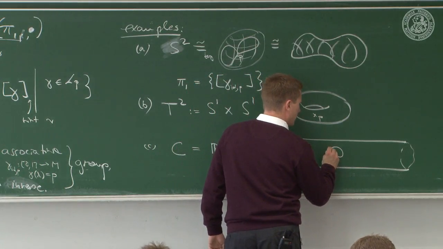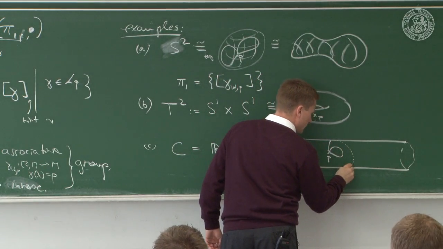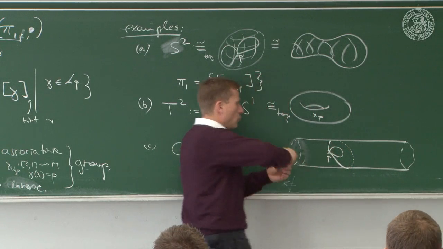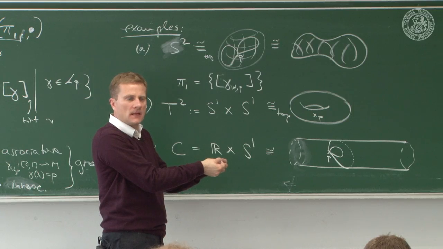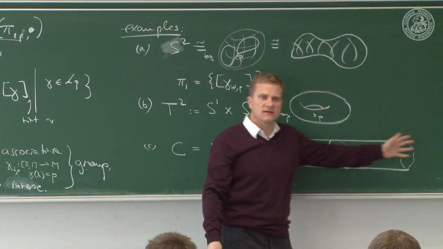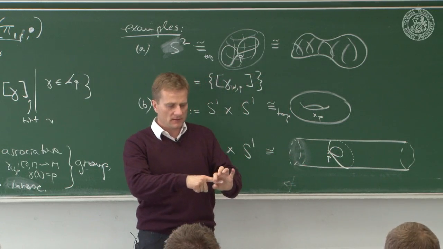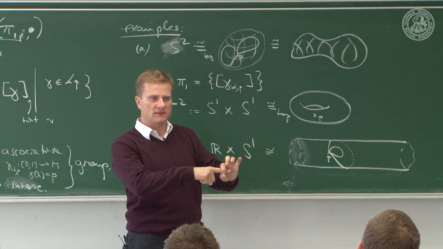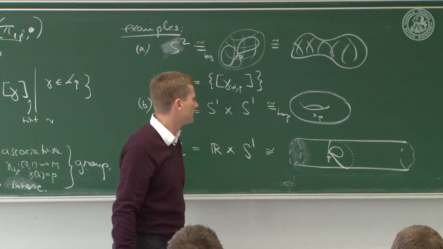Now, however, I can also go up here, and then on the back, I can wind around the cylinder. Now, this one, because the cylinder is infinitely long, intuitively speaking, I can never deform the loop that goes around the cylinder into the identity. I can't.